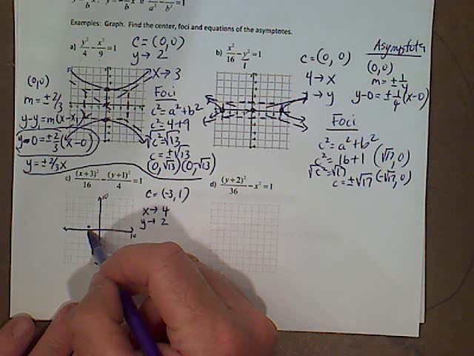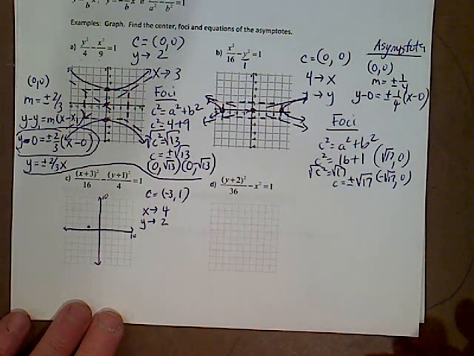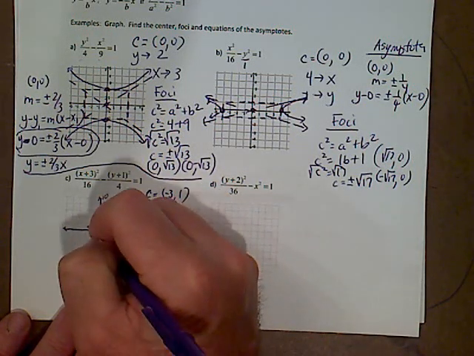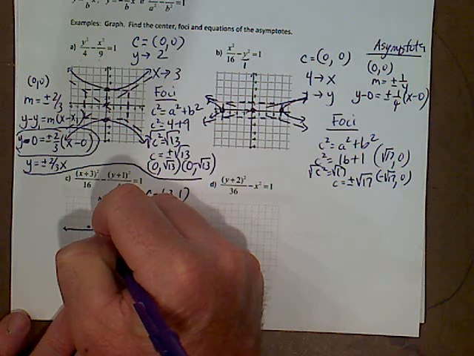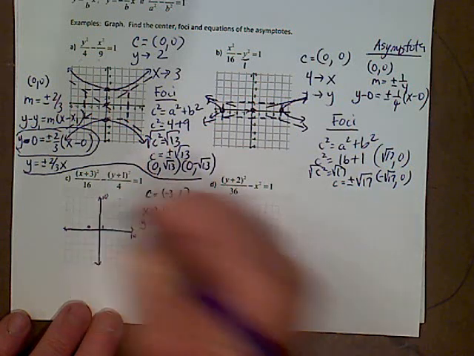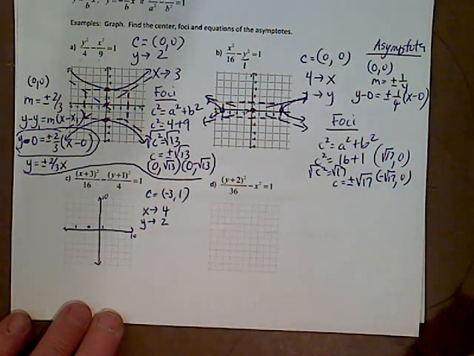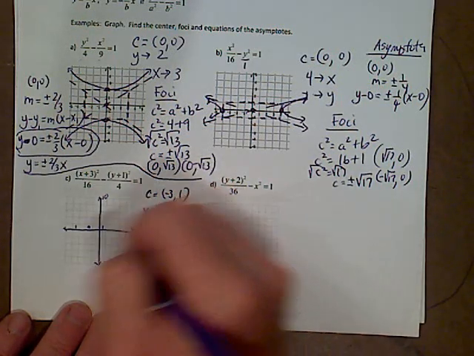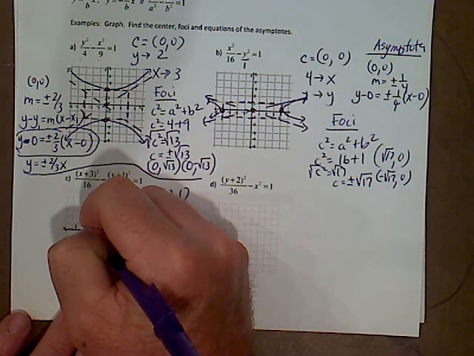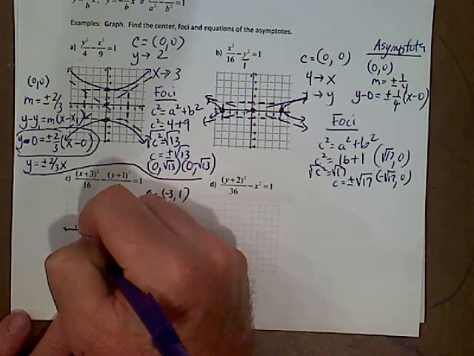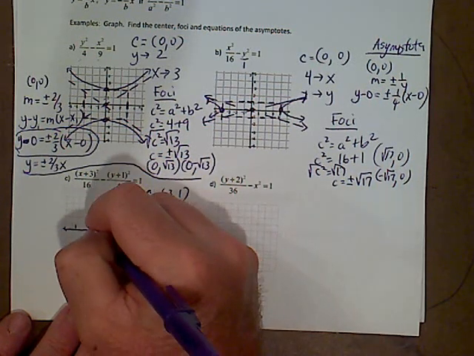Back to -3 up to 1. Now to make your box, you're going to go 4 in the x direction. To get to the axis, you'd be 3, and then 1 more is 4. And then you're going to go in the y direction, 2. So 1, 2 in the middle of the box.